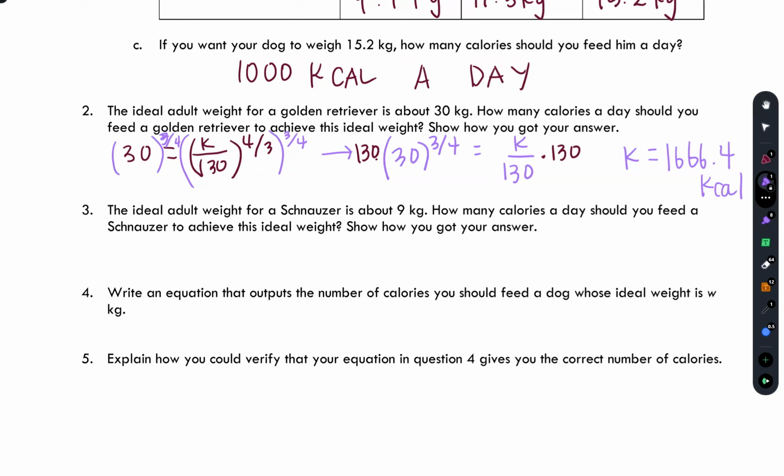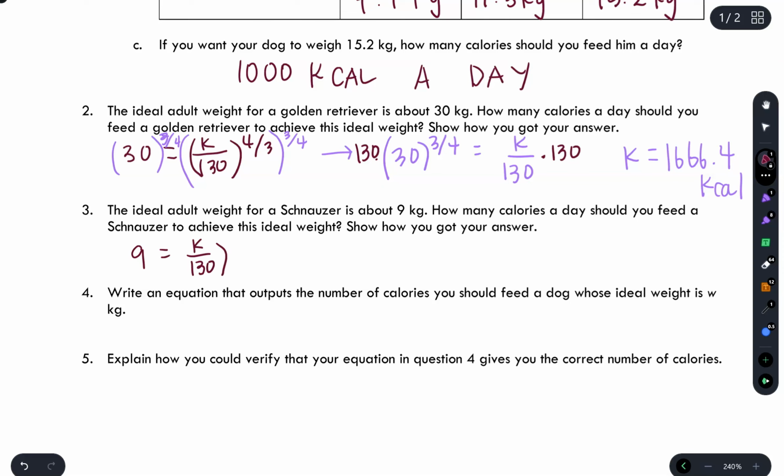Good. All right, the ideal adult weight for a schnauzer is 9 kilograms. How many calories a day should you feed a schnauzer to achieve this ideal weight? So what am I going to do? I'm going to set the equation equal to 9. The only thing that's going to change here is that it's going to be equal to 9.